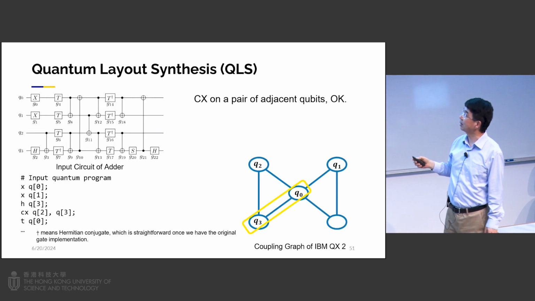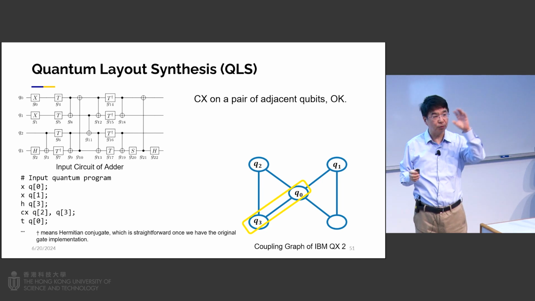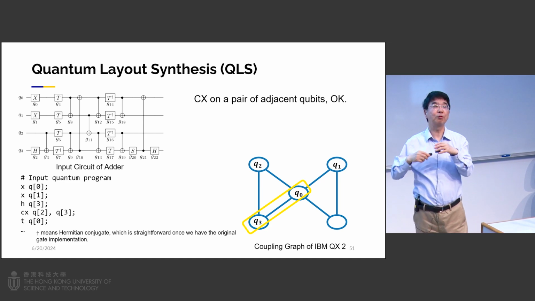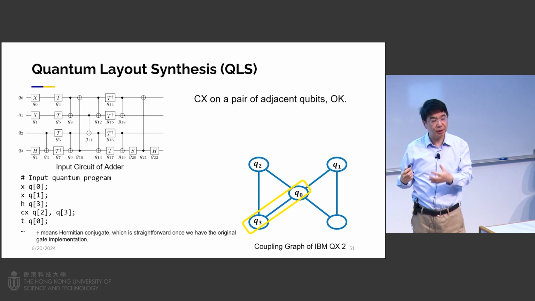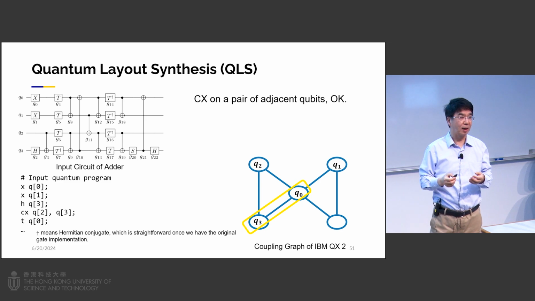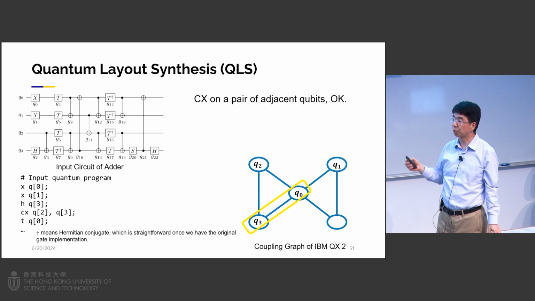This is different from physical design. I have to figure out which place the qubits go to, but I also have to figure out which gate is executed at what time steps. So the space-time concept comes out very naturally. And very importantly, without deciding those, I cannot execute a quantum program.